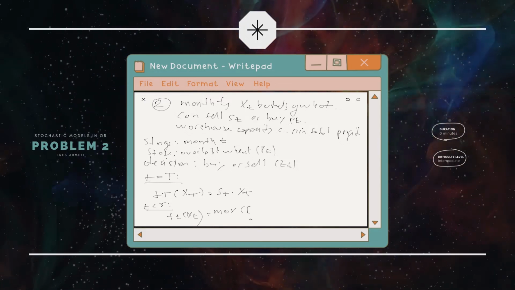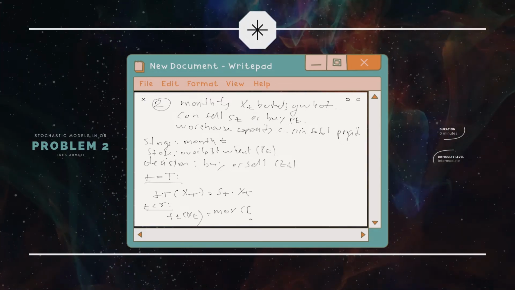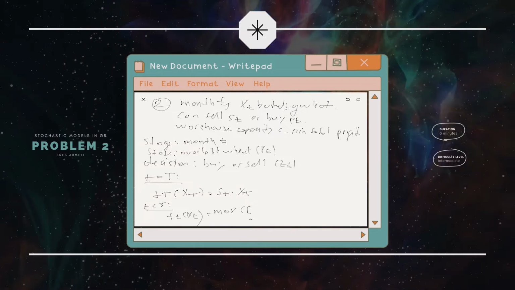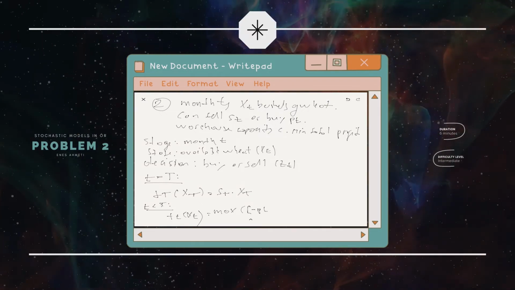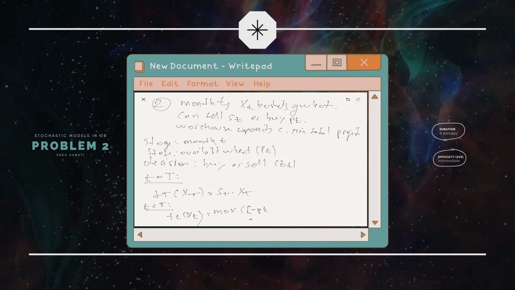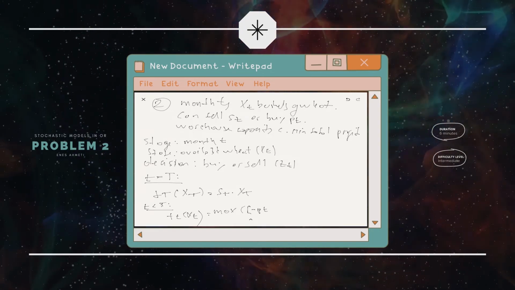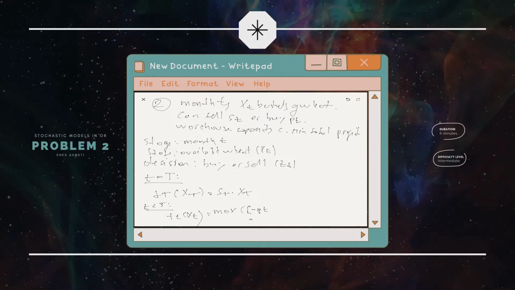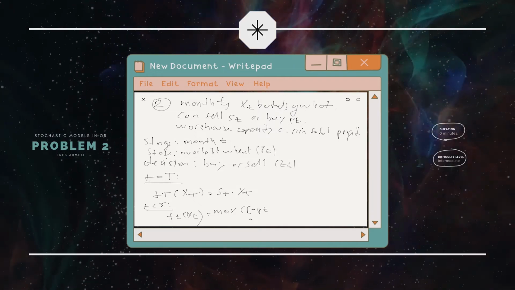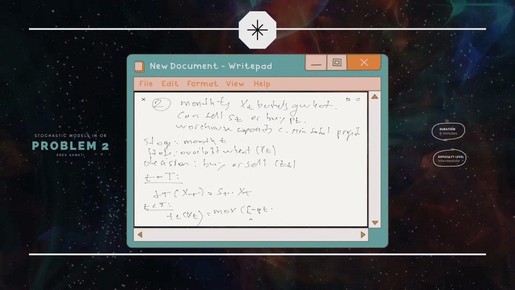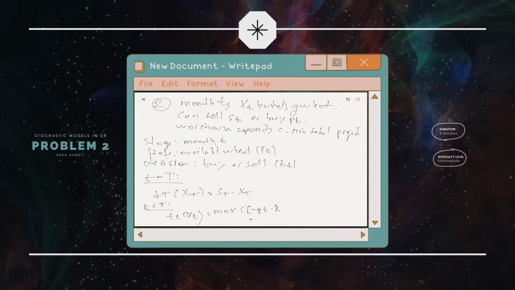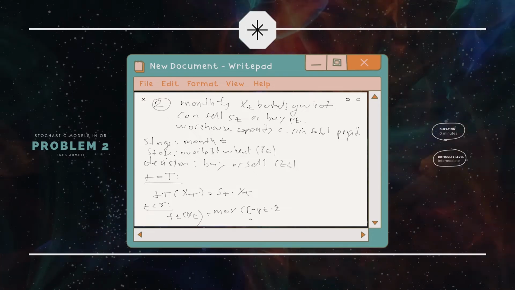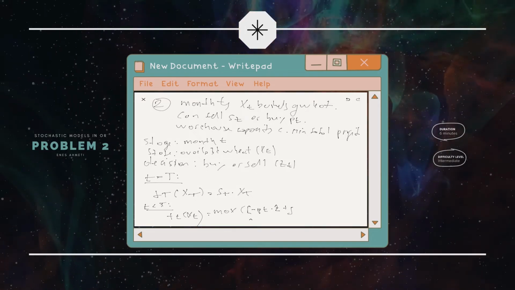Let's say I will buy some more wheat. If I buy some more wheat, then I will have a cost of minus pt, because we are buying something, so in a way we are losing some money, and we buy z amount of wheat, and we go to the next stage with ft plus 1.